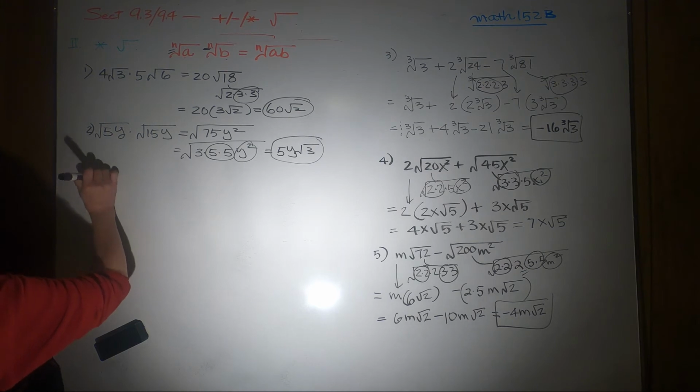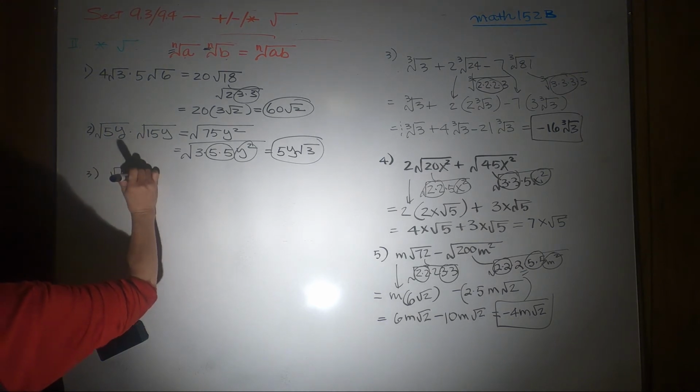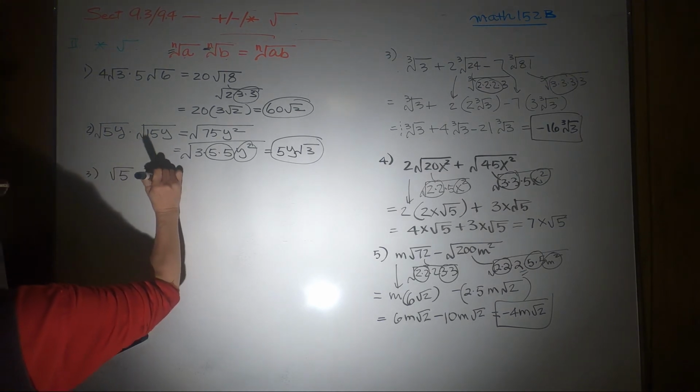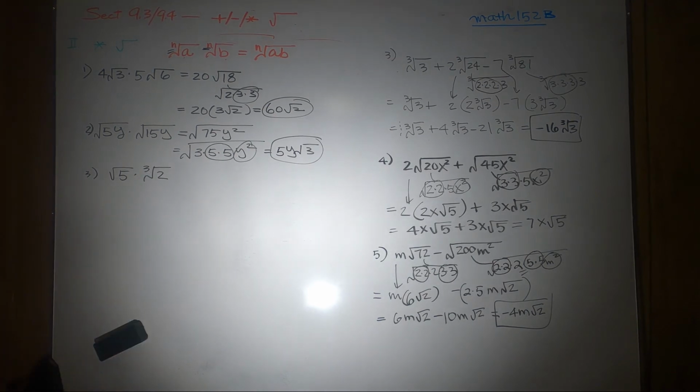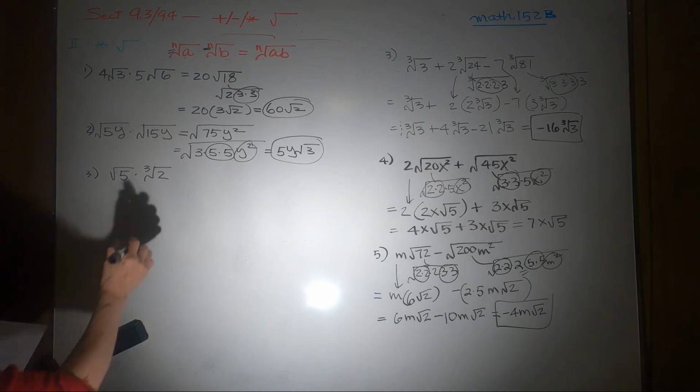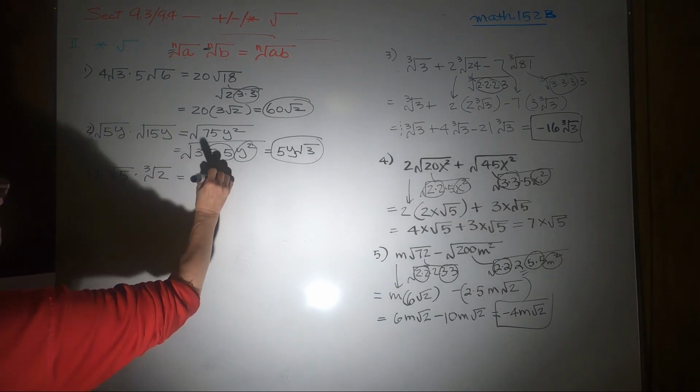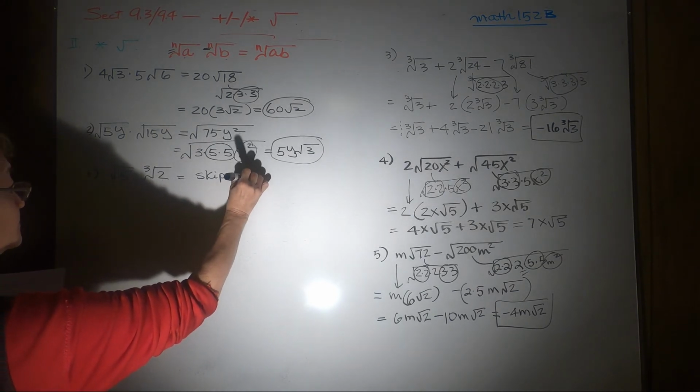So if we have this one, square root of 5 times cube root of 2, can we put 2 and 5 together? No, we cannot, right? So we will not do this. Skip for now.